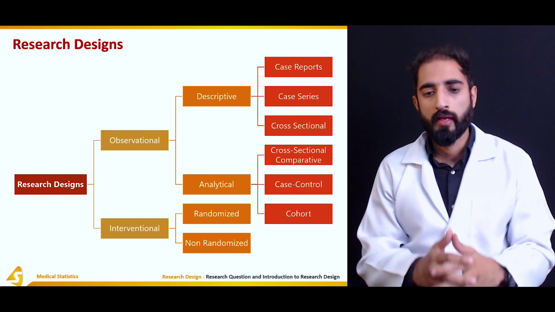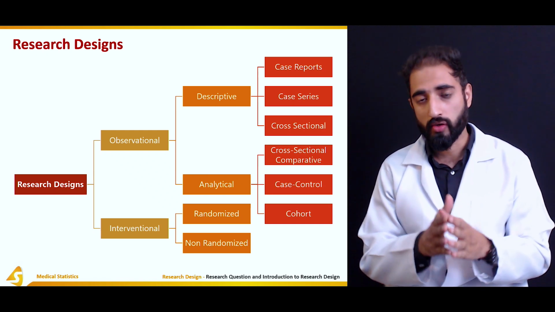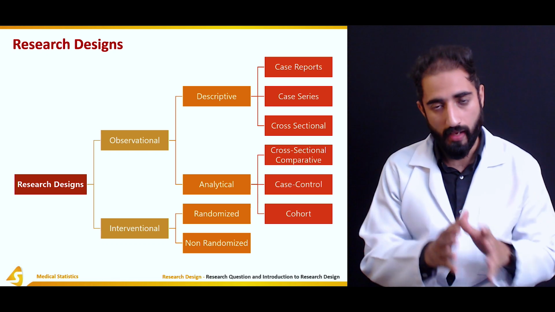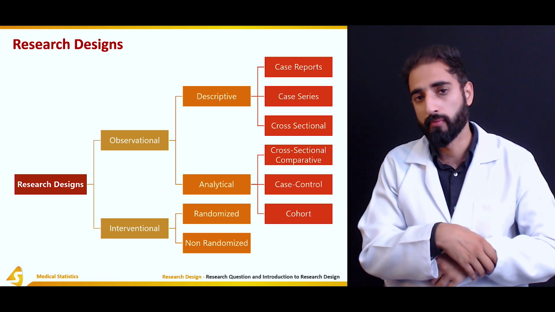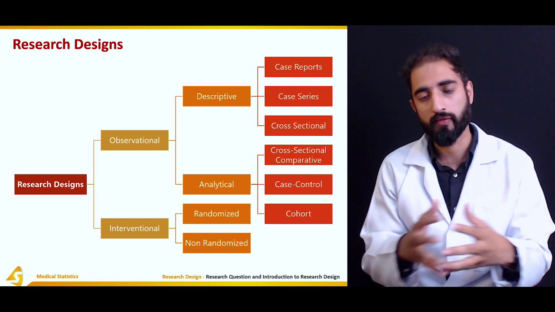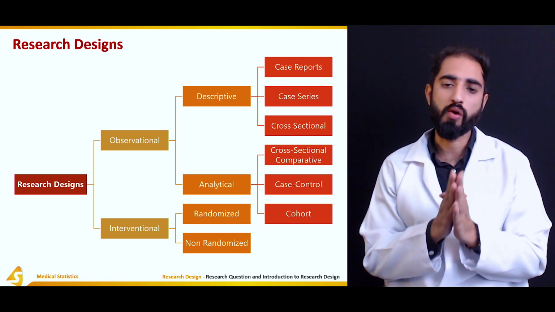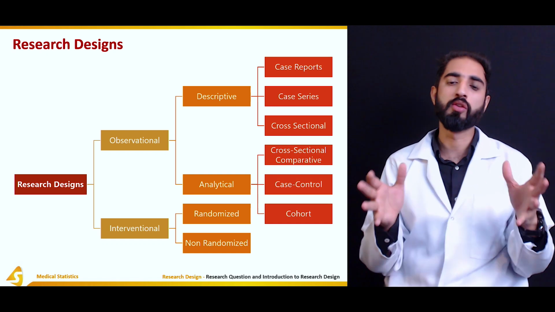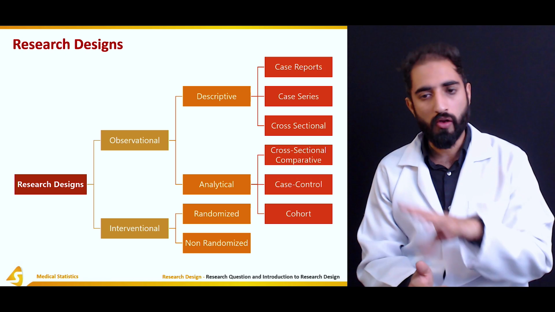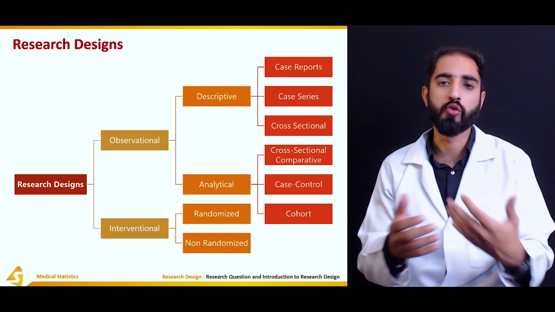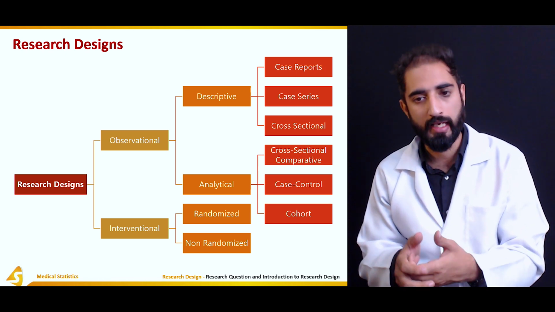So here we have research designs, which are majorly of two types, quantitative and qualitative. And right now, we are majorly focusing on the quantitative type of study design. In quantitative study design, there are two major types: the observational and interventional. In observational, there are further two major types: descriptive and analytical.